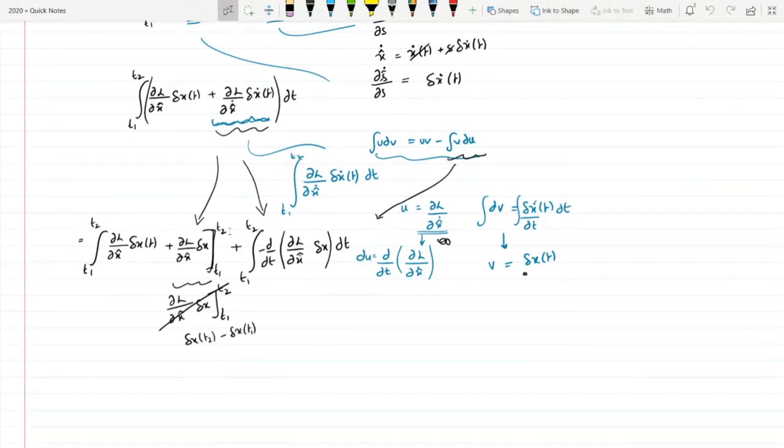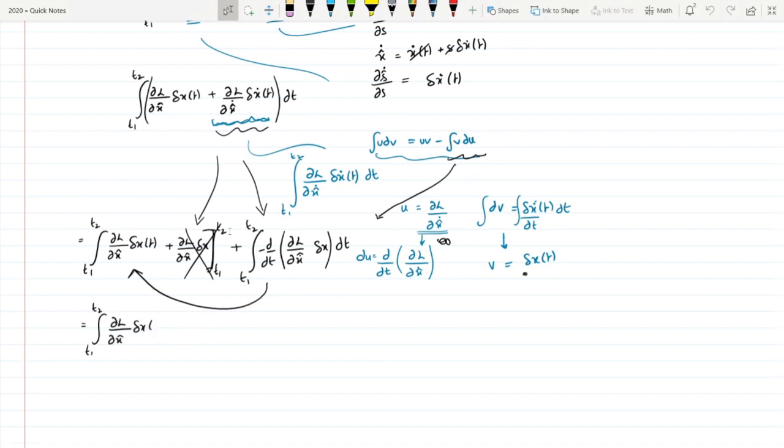So this entire term vanishes from our integral. All that's left is I can pull this under the integration sign there. All I've got right now is the integral from t1 to t2 of dou L by dou x hat times dou x of t, minus d by dt of dou L by dou x dot hat times dou x of t, dt.